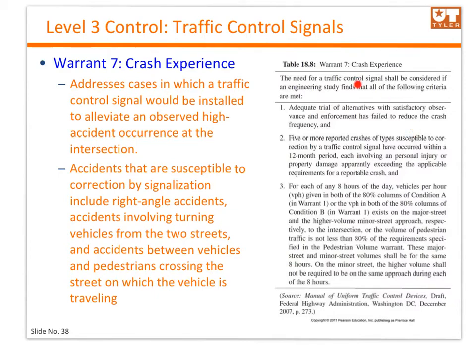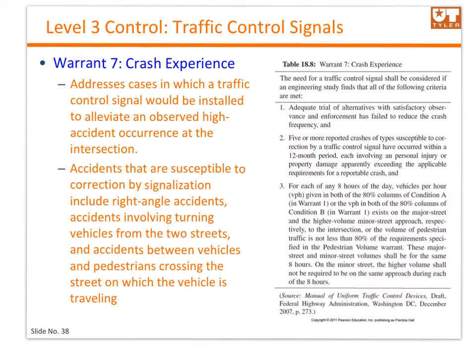So we have to satisfy all three criteria for warrant 7 to be met as a warrant for having a signal. The first condition is that an adequate trial of alternatives with satisfactory observance and enforcement has failed to reduce the crash frequency.